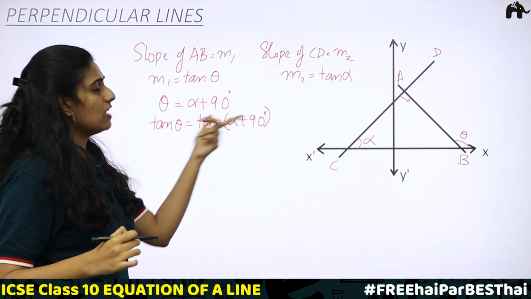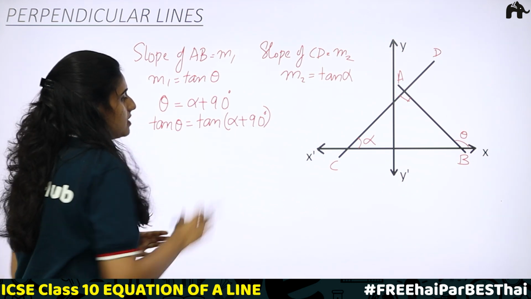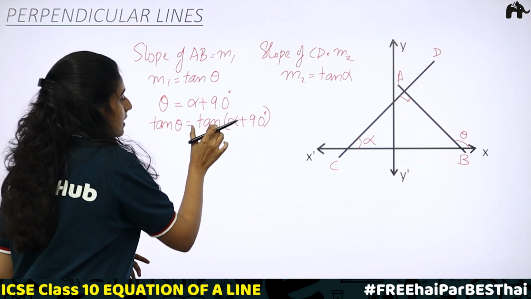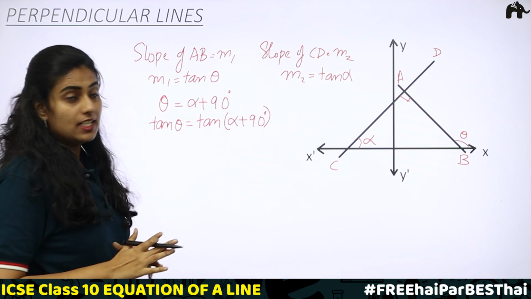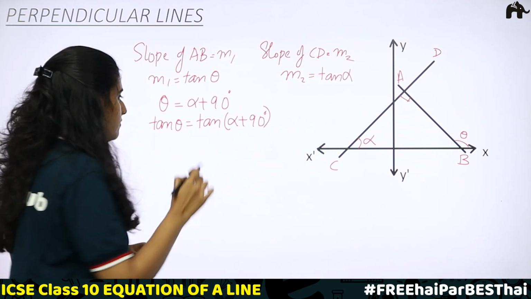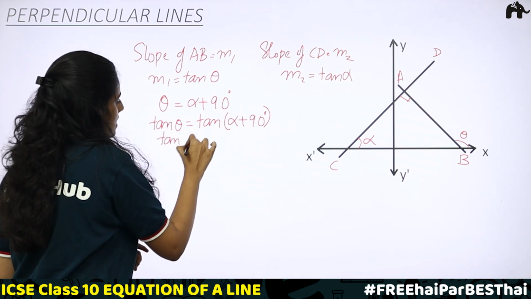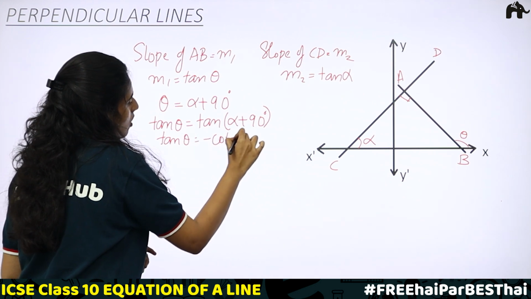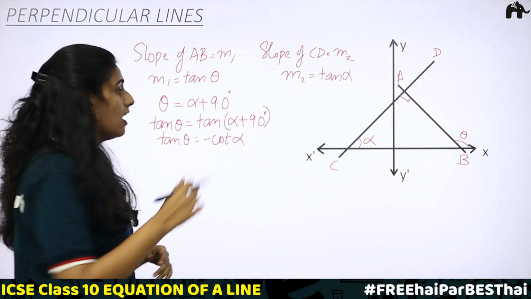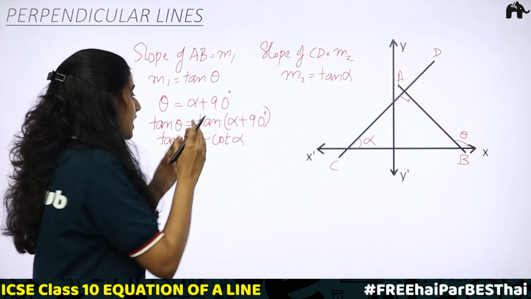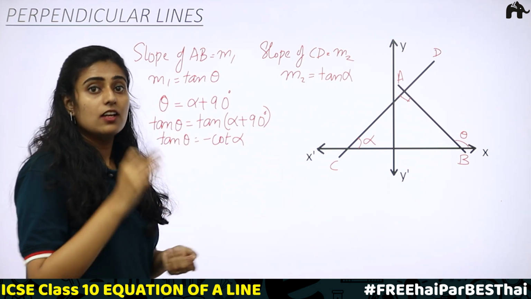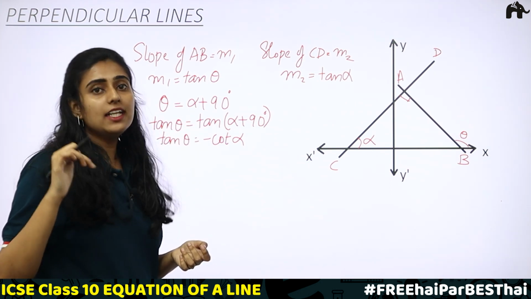What is tan of alpha plus 90 degrees? In trigonometry, we have studied a property: tan of alpha plus 90 degrees is equal to minus cot alpha. We can write tan theta is equal to minus cot alpha. Also, what is the relation connecting cot and tan? Cot theta is equal to 1 by tan theta.